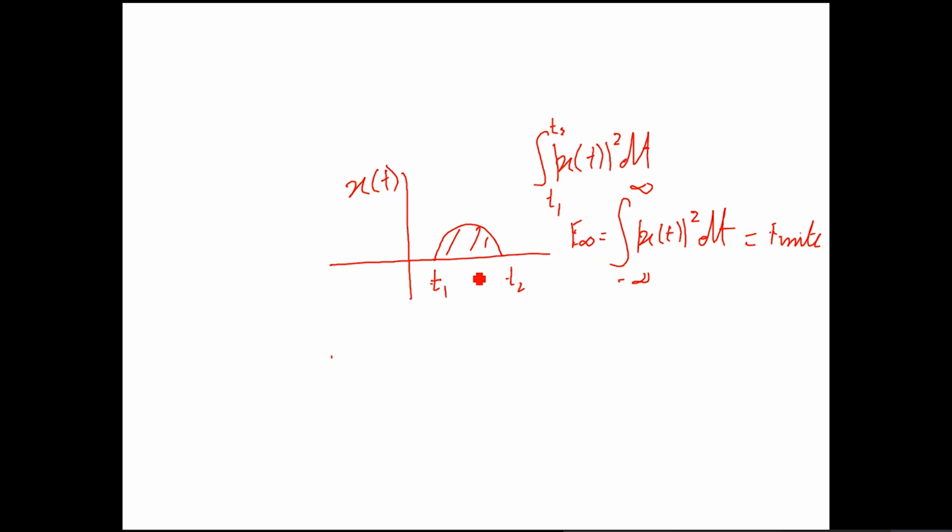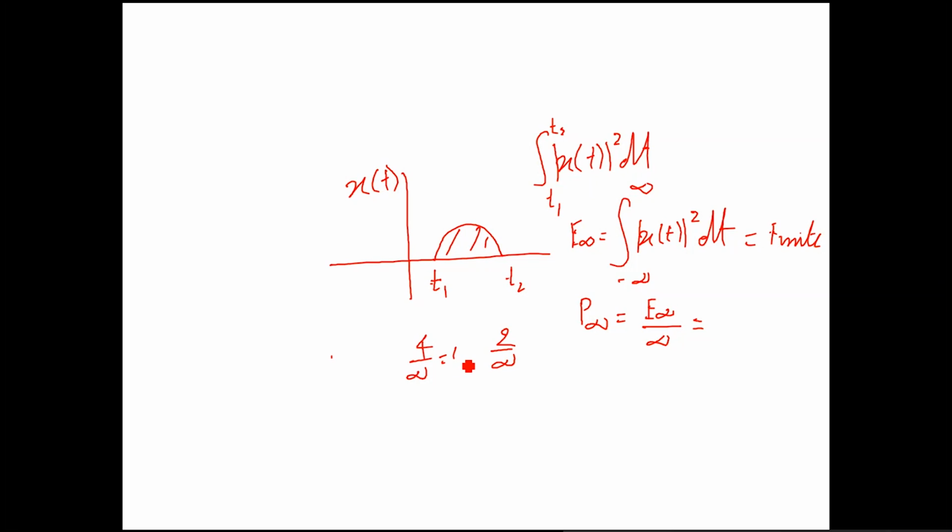Now, the problem would be that here we have a signal which has a finite total energy, but if you want to find out the average power, that would be E infinity divided by the total time duration, which would be infinity. So it will be a finite quantity divided by infinity. What should this value be? Any finite quantity, let's say 2 divided by infinity or 4 divided by infinity, what is it?